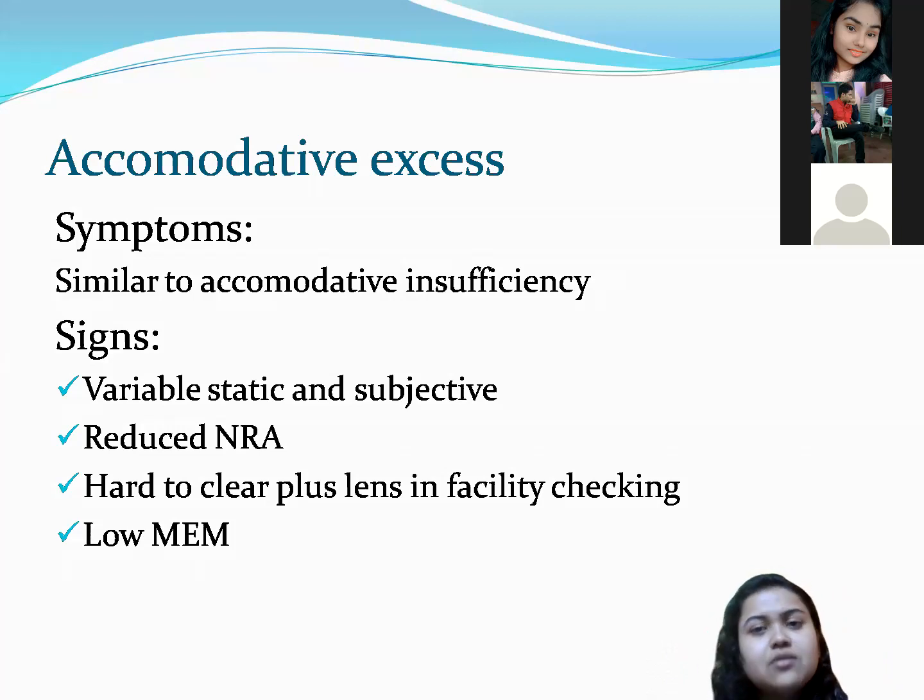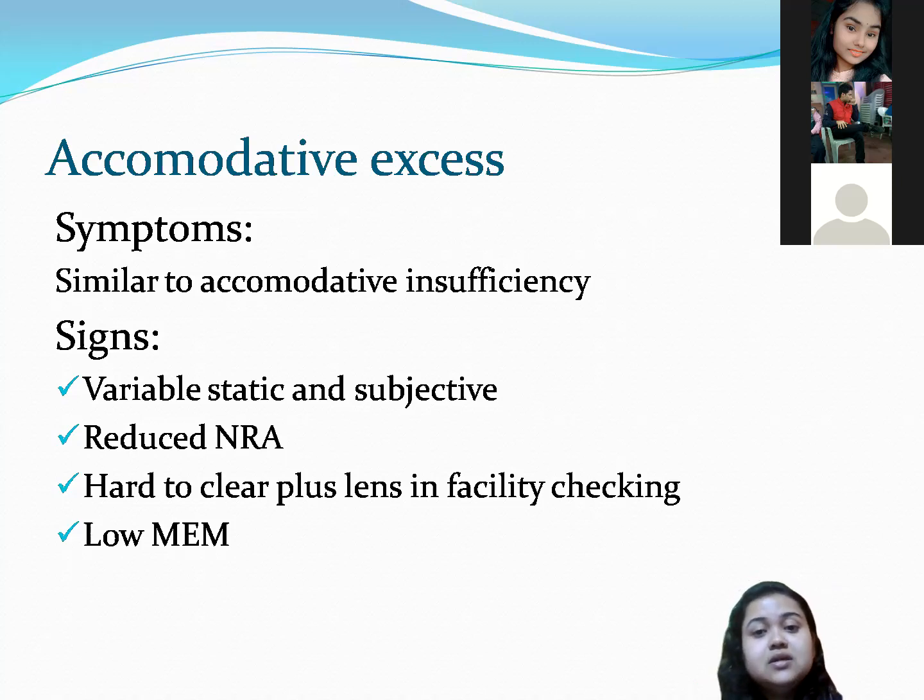Also, if you are testing the PRA, PRA normally we get something around minus 2.5 to minus 3 diopter, if your refraction is correct. When you are doing the positive relative accommodation testing, you are getting a higher minus value. That means the PRA value is higher.